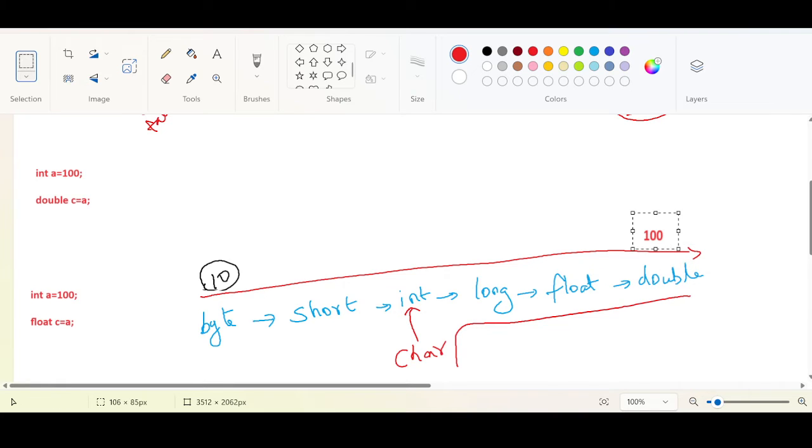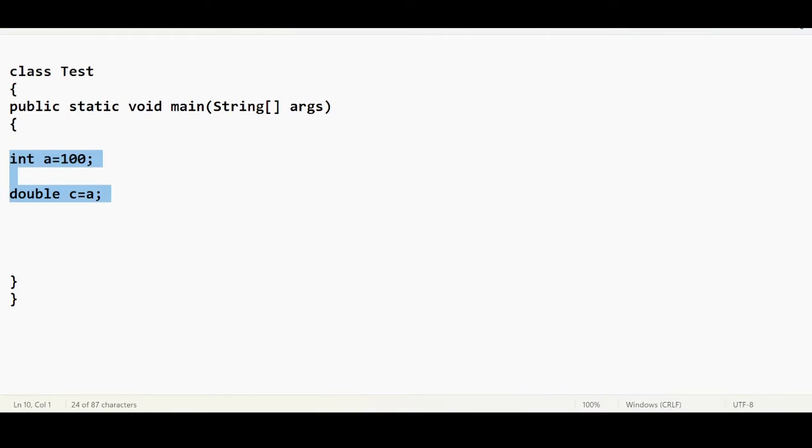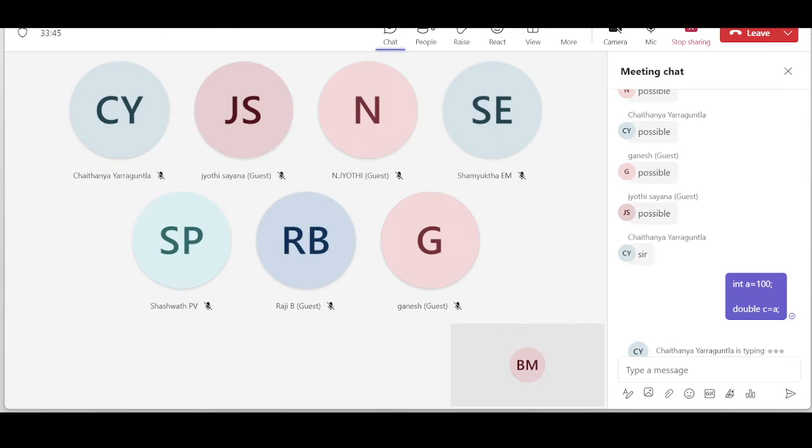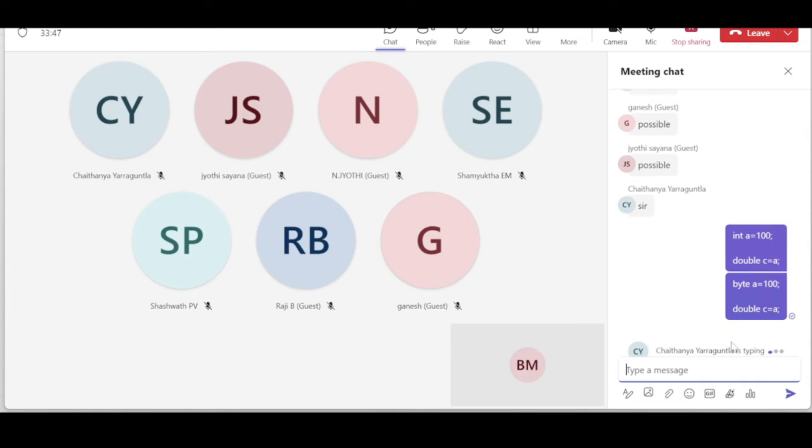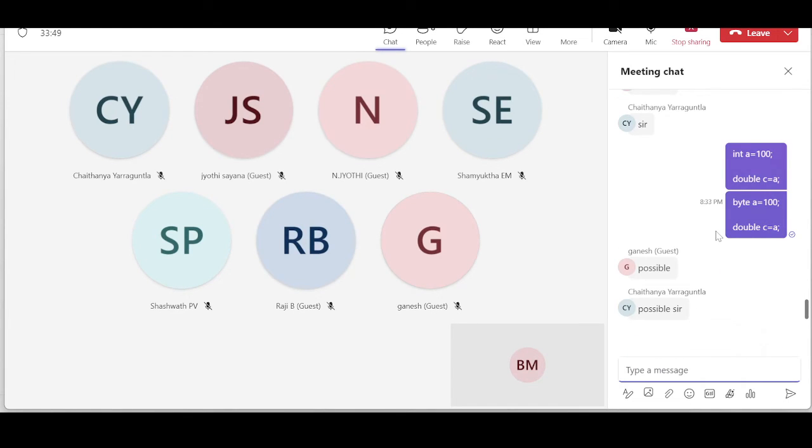So possible. Now you tell me. Think and tell me. Possible or not possible? Possible.